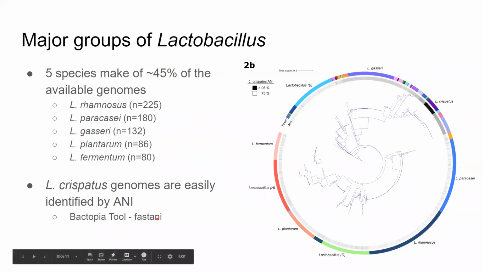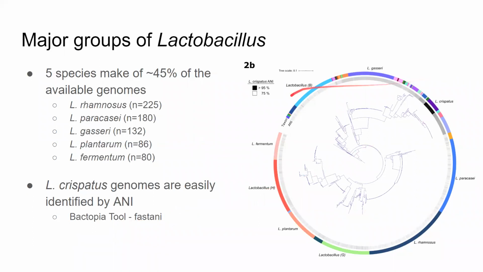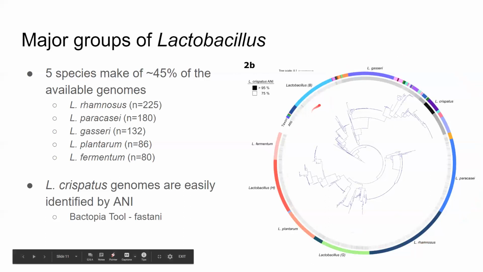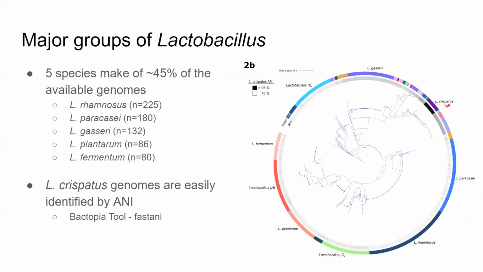We ran all the samples with FastANI against a Lactobacillus crispatus genome, and we used that to subset all samples that had greater than 95% ANI to that Lactobacillus crispatus genome. And you can see them all right here.